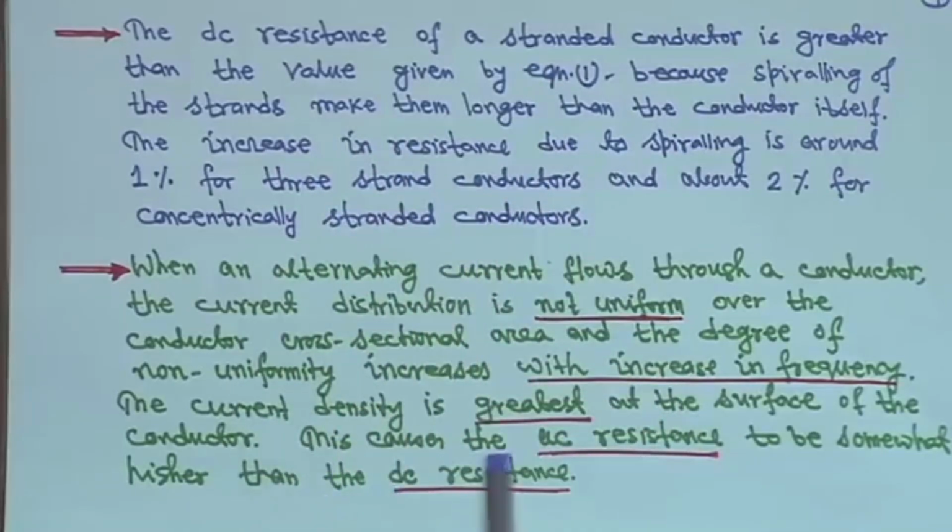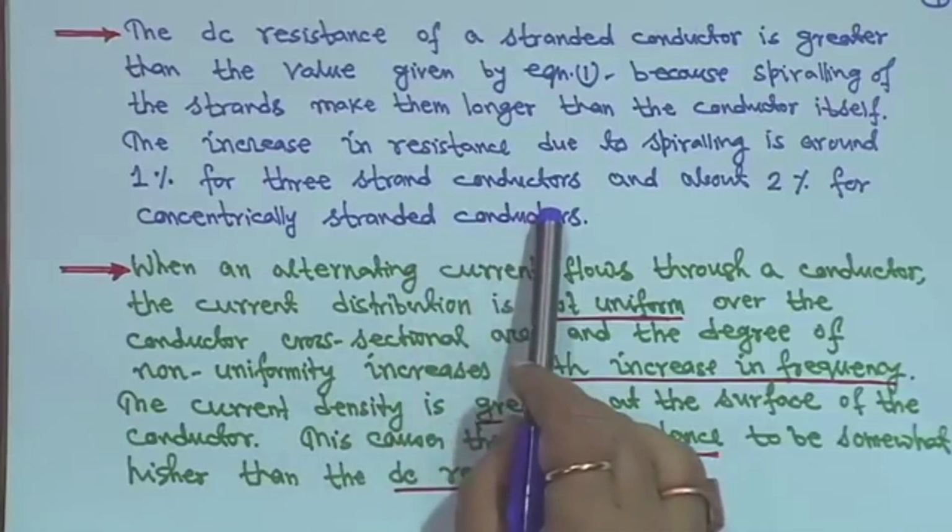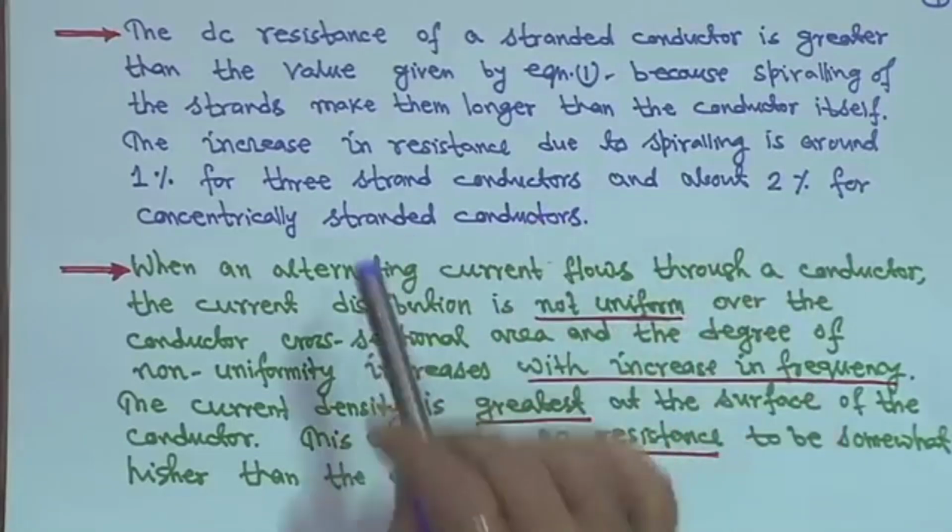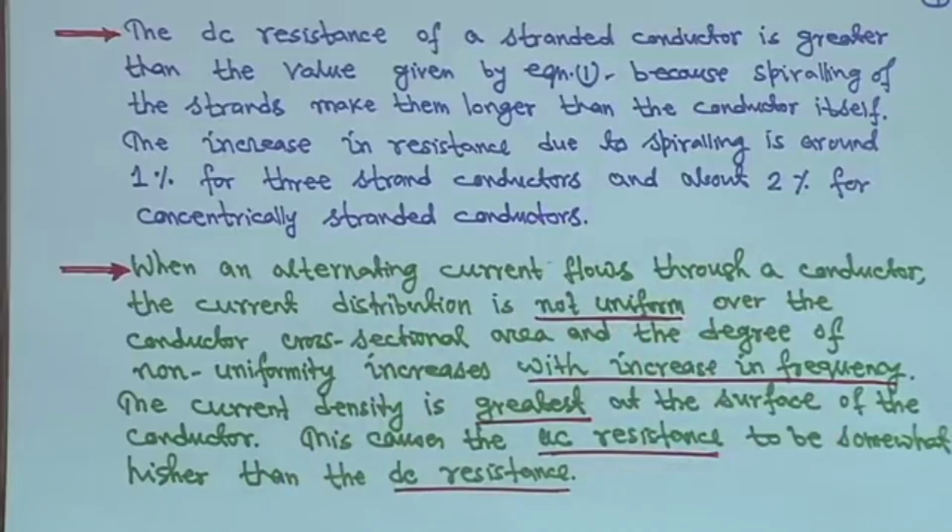It is not a solid round conductor, it is a stranded conductor, right, and because of spiraling, the actual length is slightly longer than the conductor itself, right. This increase in resistance due to spiraling is around 1% for 3 strand conductors and about 2% for concentrically stranded conductors. So, a little bit higher, but 1%, 2% is not that very high, but you have to consider it.